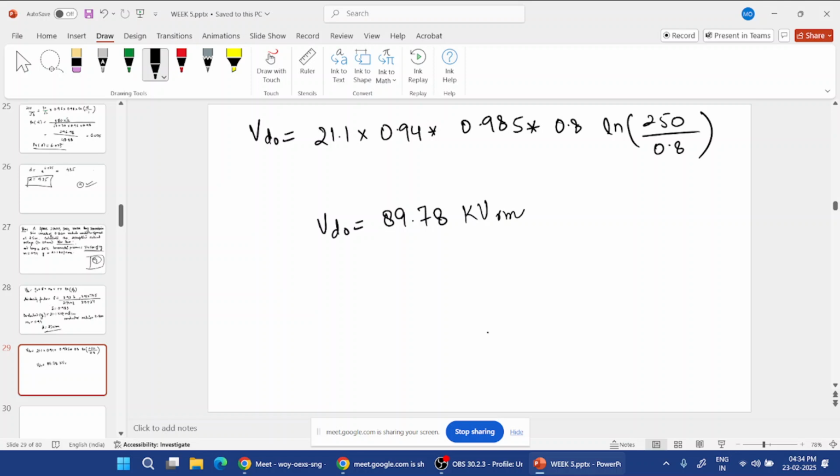This is in kV RMS, but this value is from line to neutral because the formula is itself designed that way. So for VLL, it is equal to VDU into root 3. So multiplied by root 3, we will get the correct value.